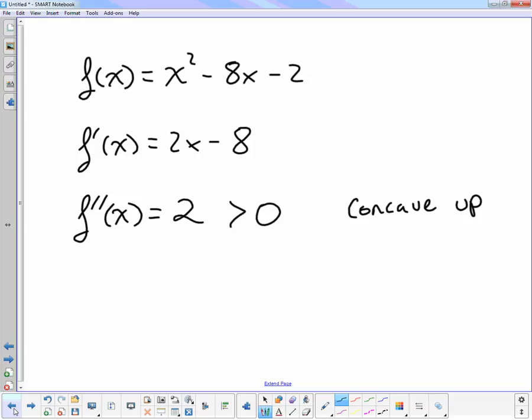No, f double prime. F double prime. Okay, we'll just call you double prime from now on. Okay, that's it. Okay. All right, so okay.